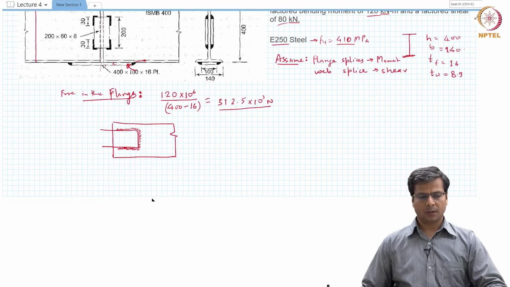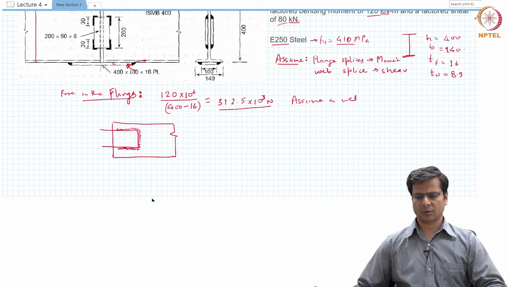Now we know that this much force, 312.5 into 10 to the power 3 Newton, has to be transferred. Let's try to assume a weld size. This is an iterative process. I have already done these iterations, so I know that this type of weld would work. Weld of 8 millimeter size.